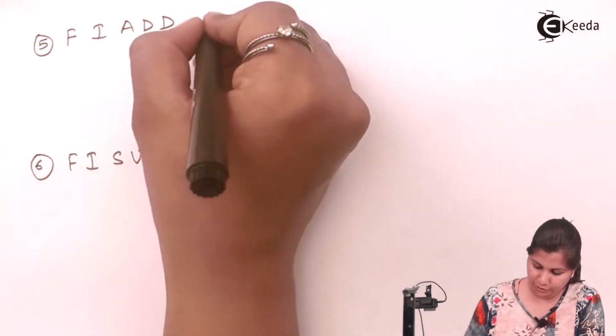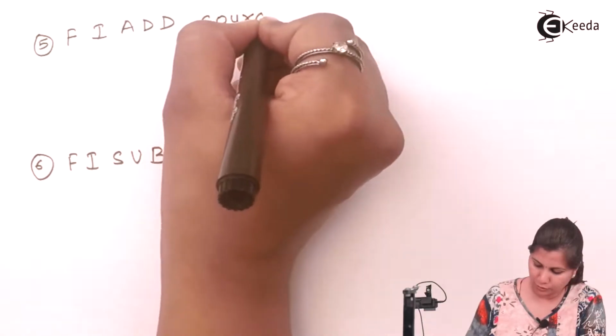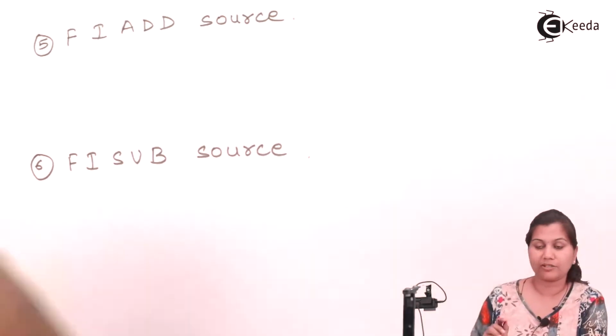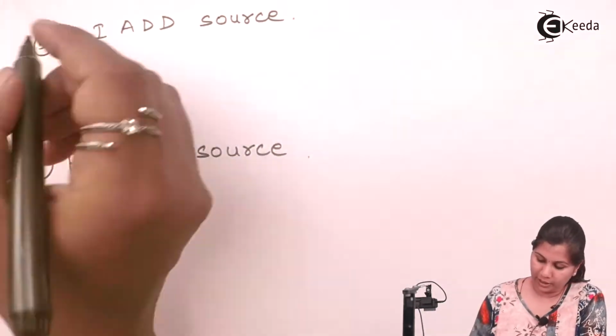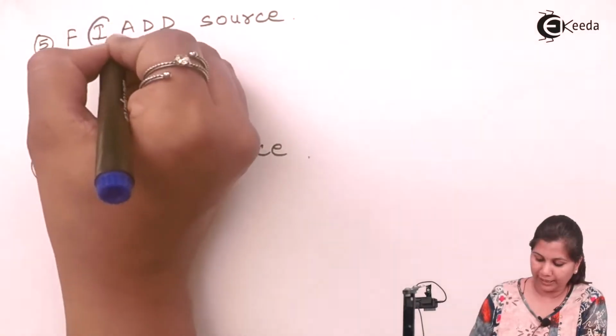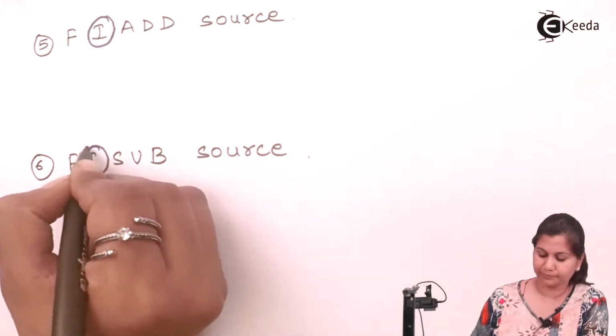After these instructions, we have the source. Only source is required, no destination is there. Okay, so what these instructions do, the I is for the integer.